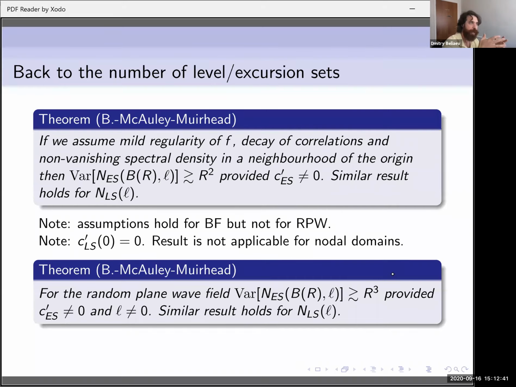And we believe that actually it is of order r squared. Currently, we're working on proving the corresponding upper bound.